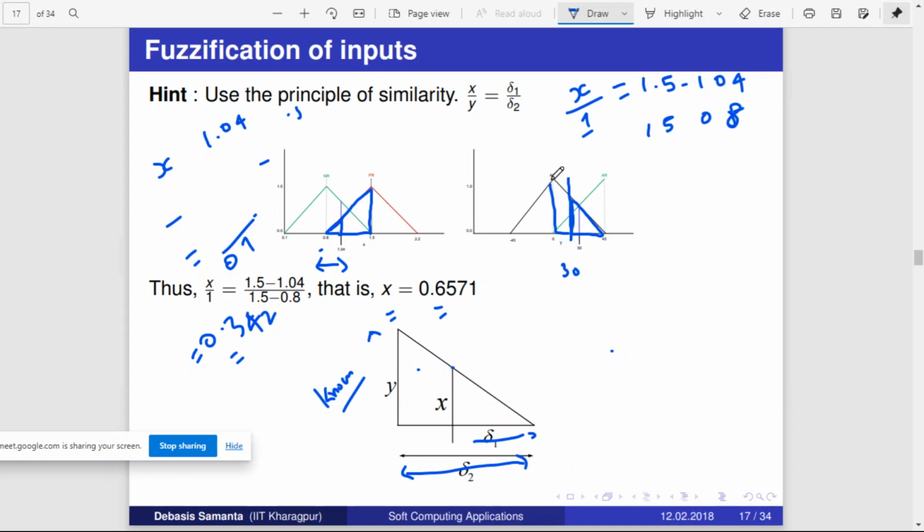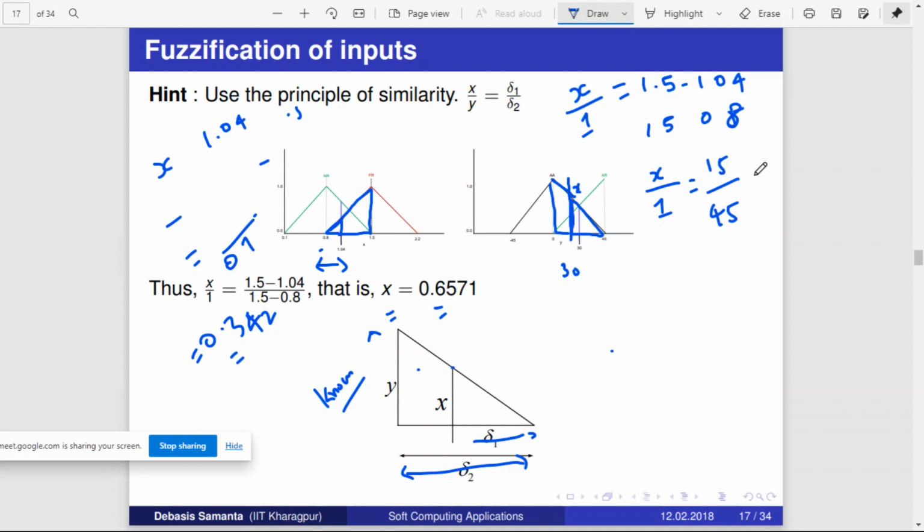Delta 1 is nothing but 45 minus 30, which is 15. This entire thing is 45. So what is 15 by 45? That is what we got here, 0.333. You got this value.